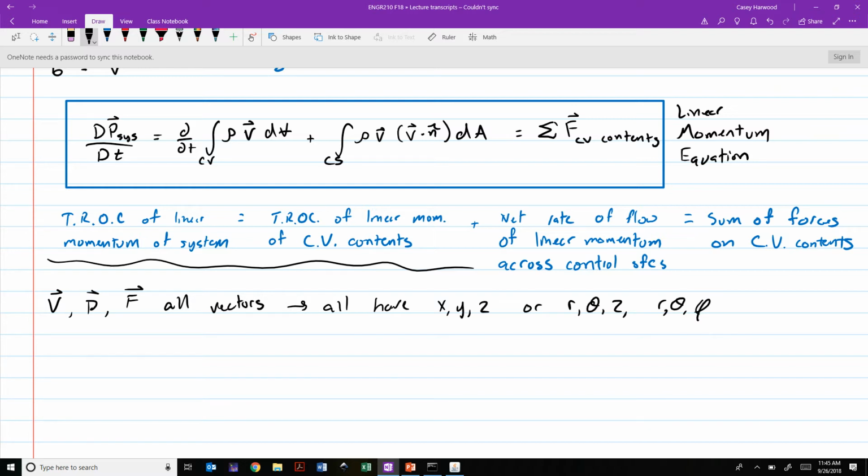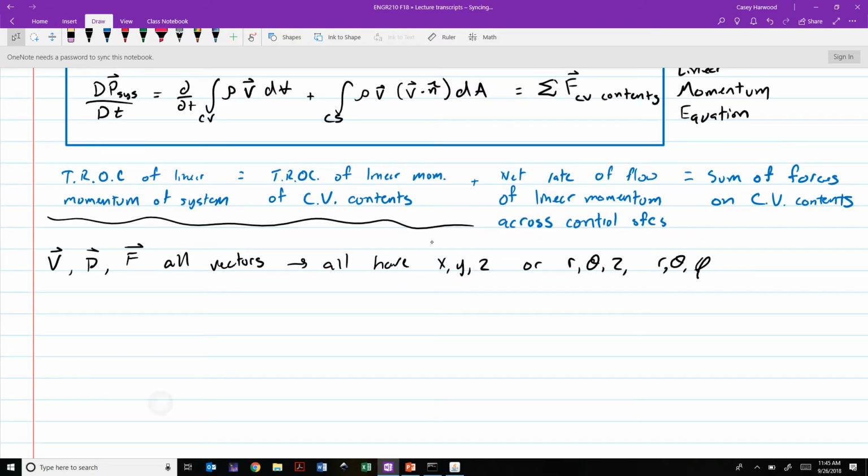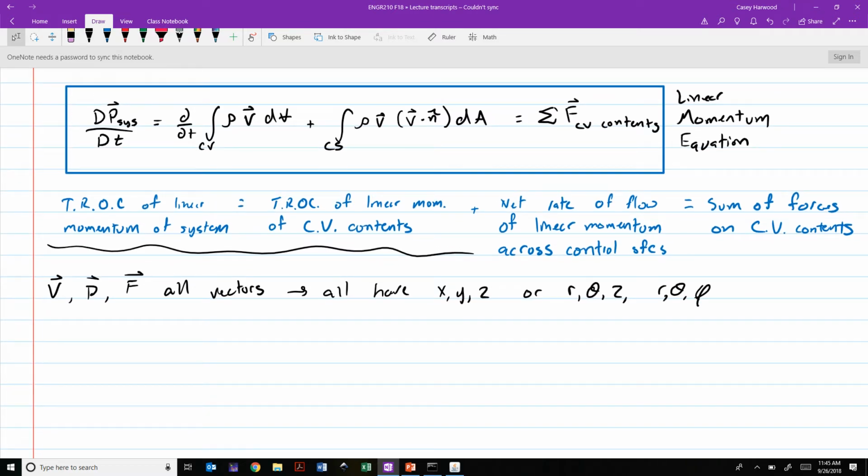Whatever your coordinate system, whether you're Cartesian, cylindrical, or spherical coordinates, each one of these quantities will have a distinct component in each coordinate direction.